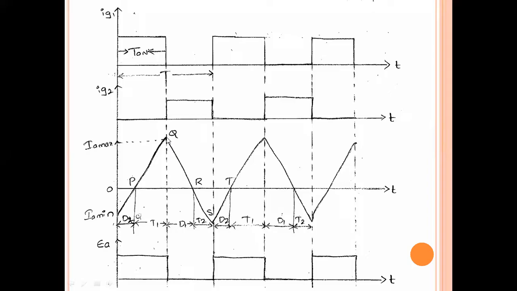At point Q, I am turning off the thyristor T1. At this point T1 is turning off, so the current linearly decreases through diode D1. That is called freewheeling action.